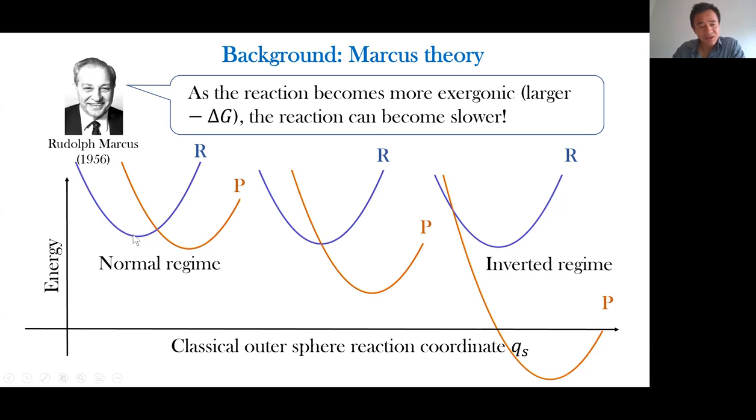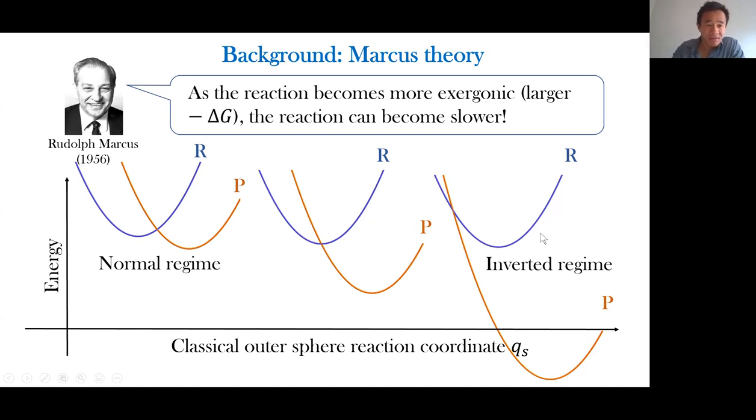What's important is not that the energy of P is low, but that the intersection between the reactant and the product is not very high. So here there's a high energy barrier. Then as you lower the energy of the product, there is no energy barrier. And then as you lower the product even more, there is a high energy barrier again. So what Marcus said was, as you lower and lower the energy of the product, the rate should first go up and then it should go down.